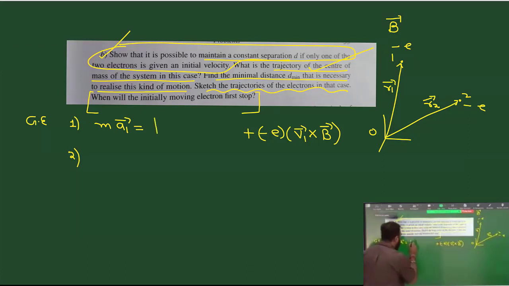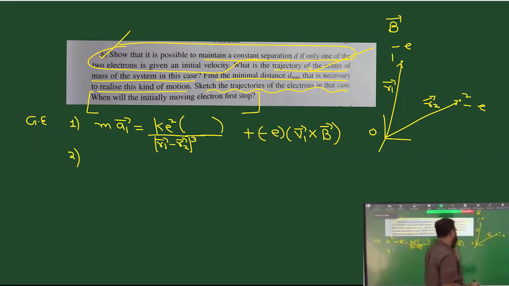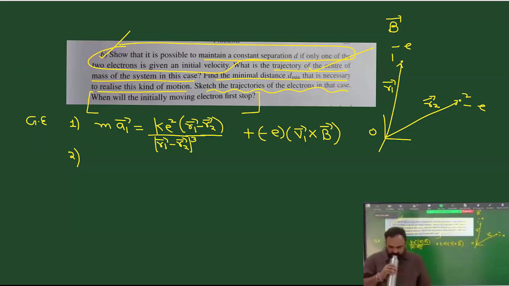So it is k e squared upon r cubed, that is r1 vector minus r2 vector, mod cubed, times, check the direction. Repulsion is this. So k e squared upon mod r1 minus r2 cubed, times r1 vector minus r2 vector, and q v cross B, where the q term there was minus e.